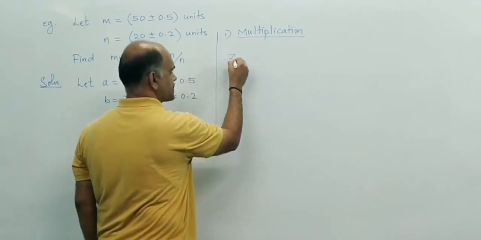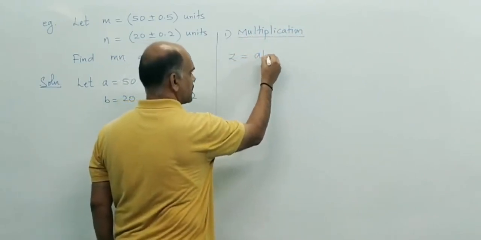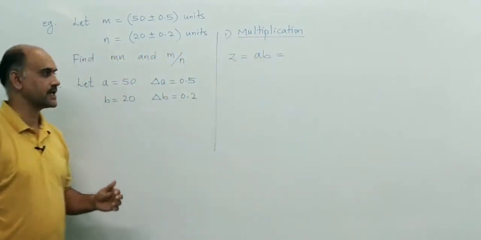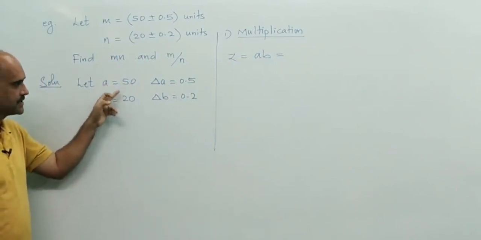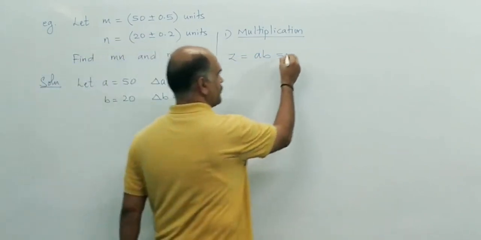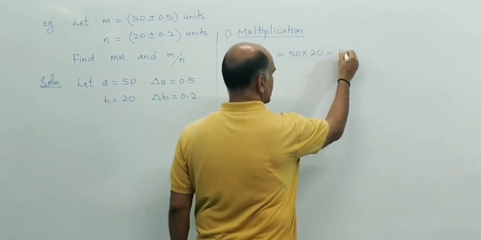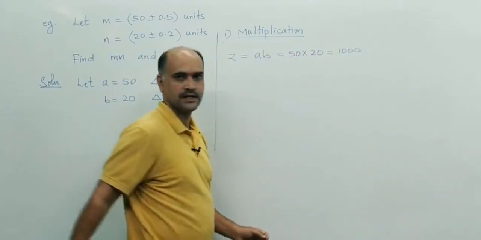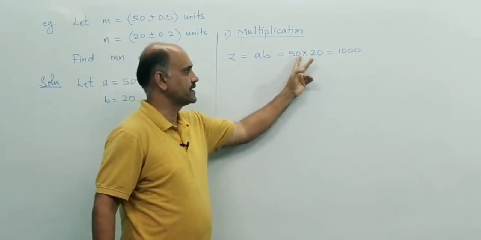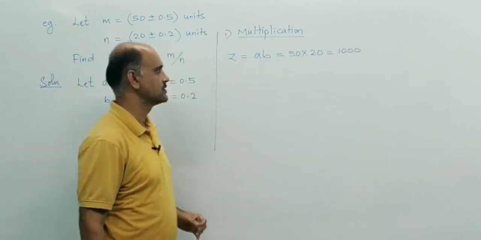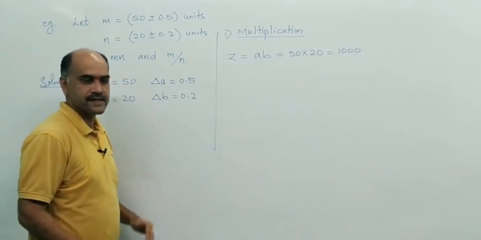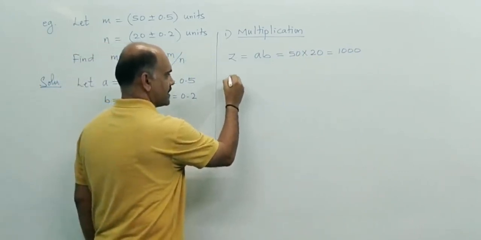In the first step, Z is A into B, so multiply these two. You will have 50 into 20, so you will have 1000. Correct students? In the second step we are required to find the error.